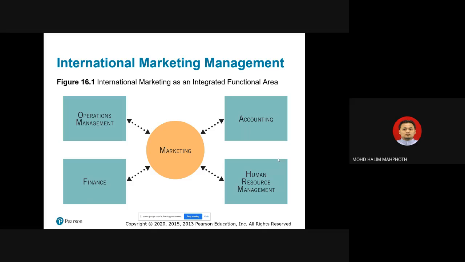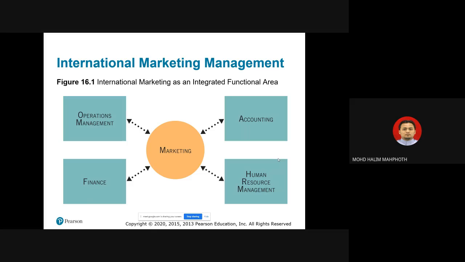Operation management deals with how to distribute your products, with transporters or logistics companies. Finance is all about money and cash flow, either inflow towards your company or outflow from the company.